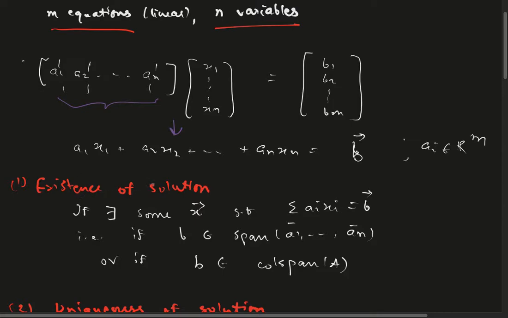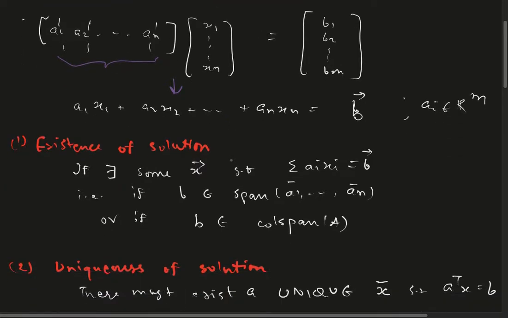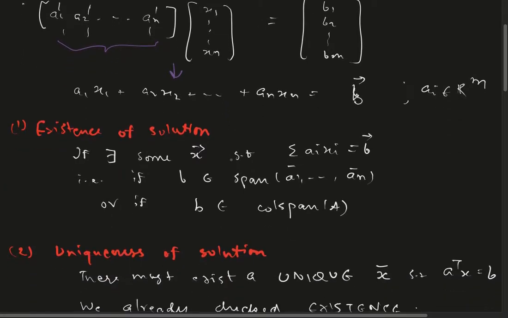A solution exists, rather. There might be infinite solutions, there might be more than one solution, and there might be a single solution. So if B can be written as a linear combination of a1 to an, then we say that a solution exists. If B cannot be written, then no solution exists. This is simple and intuitive enough.